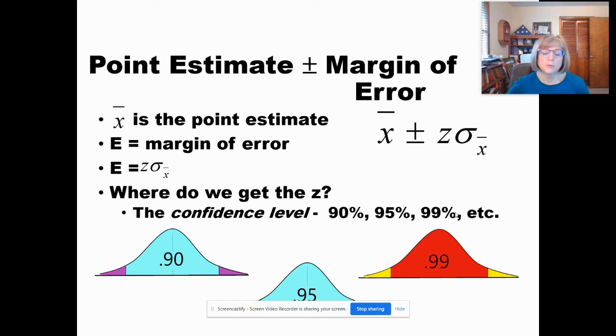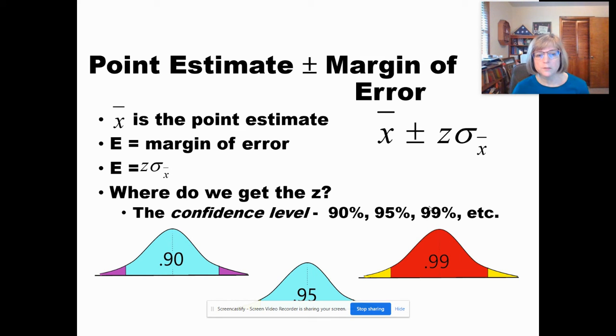Instead, we create this interval. The interval is created by taking our point estimate, our sample mean, and adding what's called the margin of error to get our upper bound, and subtracting the margin of error to get our lower bound. Our margin of error is calculated by taking a z-score times the standard deviation of x bar. Notice that capital E is our symbol for margin of error.